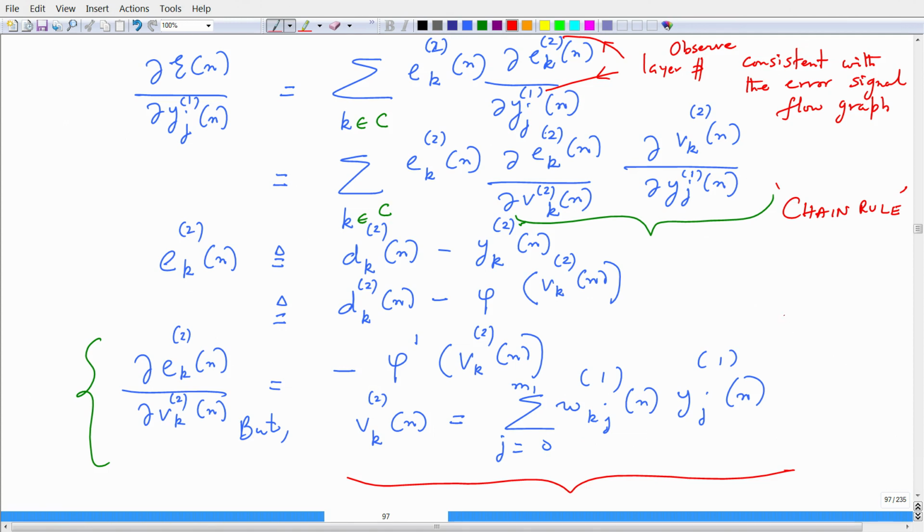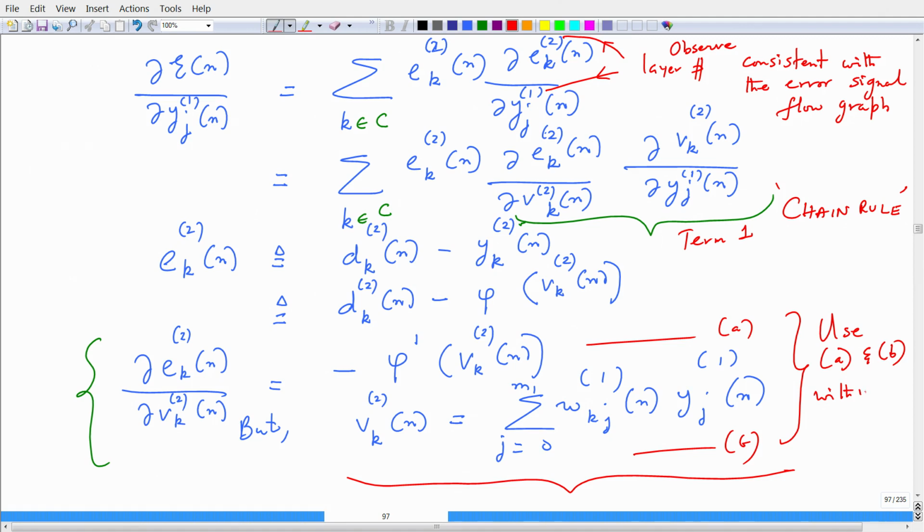So using these two equations you can plug this back. I would call this term 1. I will call these A and B. Maybe I will call this term 2 here, because term 1 is straightforward that you can compute, and using A and B you can plug this within term 2 and you can simplify your equation.